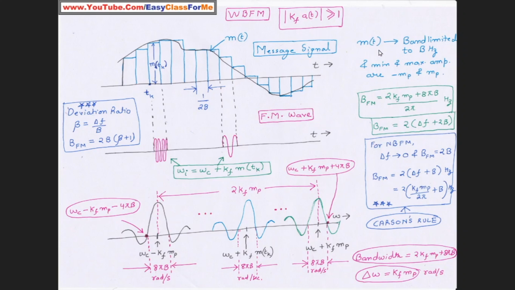So now to be able to understand how wideband frequency modulated signal's spectrum is plotted and how the analysis about its bandwidth calculation is done, let us take an example of this as our message signal. The black signal that you see here is the message signal, and we have taken a staircase approximation of that, right?